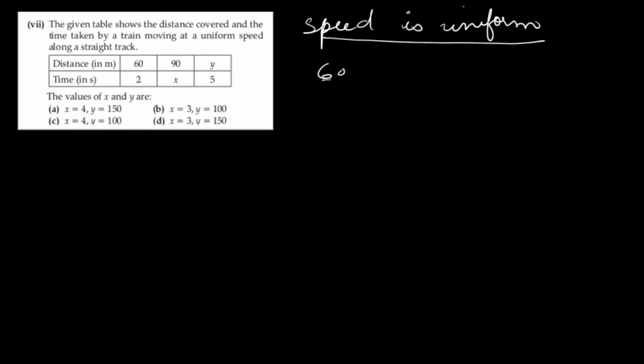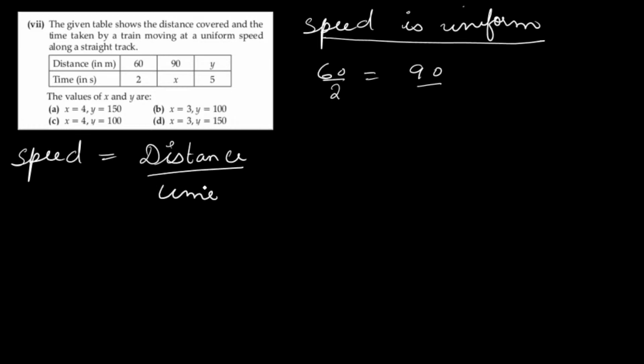So 60 by 2 is equal to 90 by x, because we know the formula of speed. Speed is equal to distance by time. Since it's uniform speed, the speed remains the same throughout the journey.